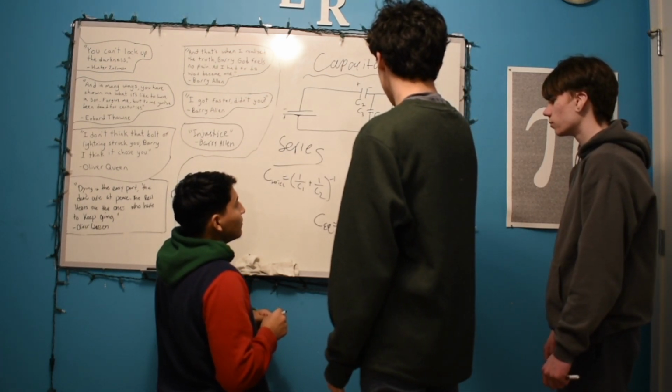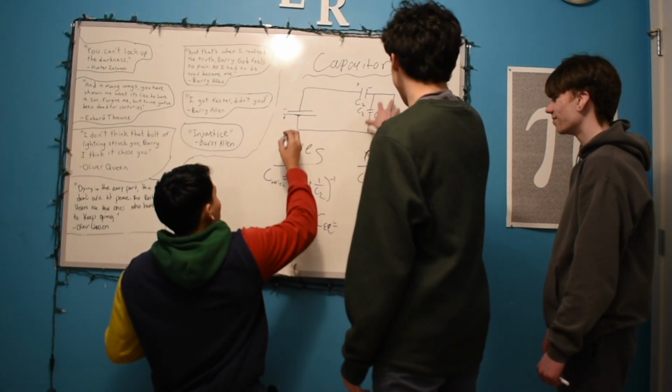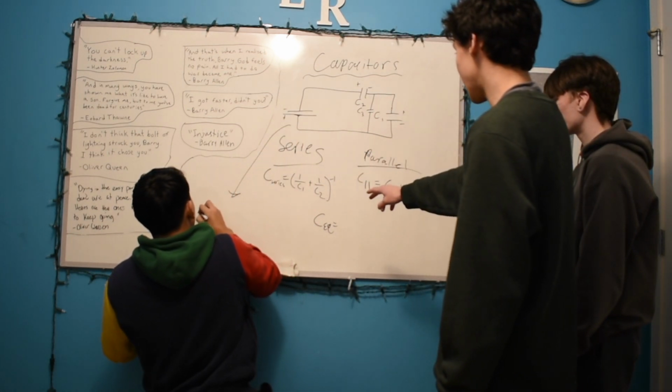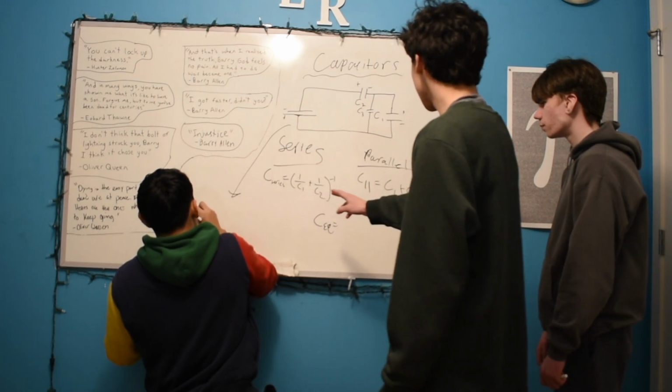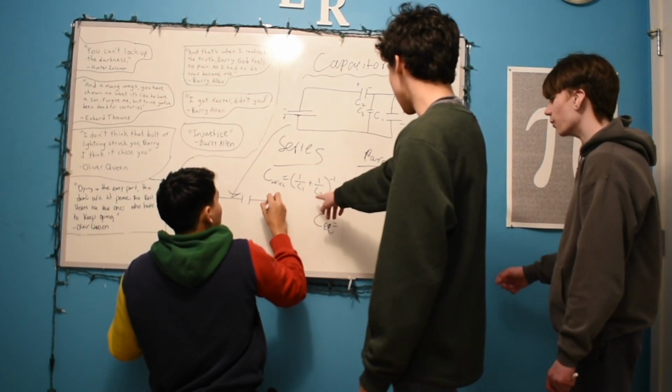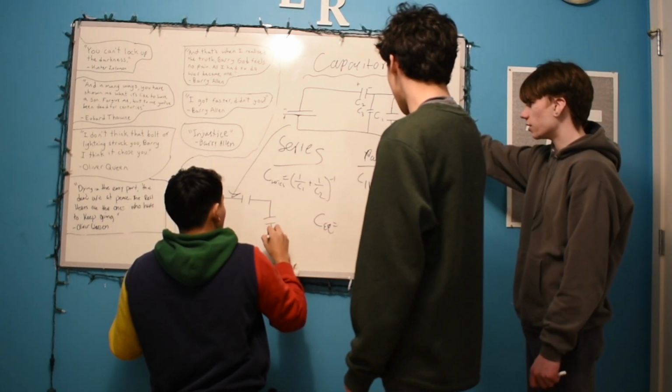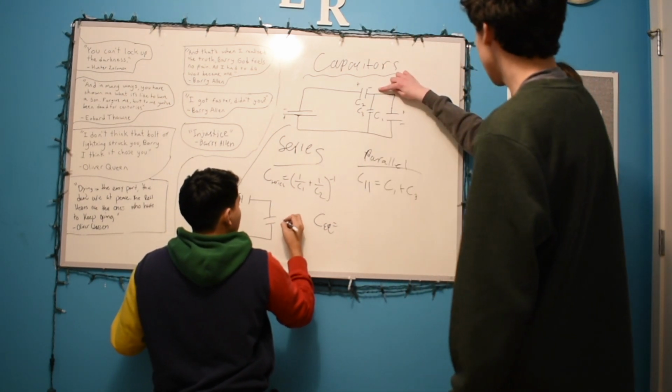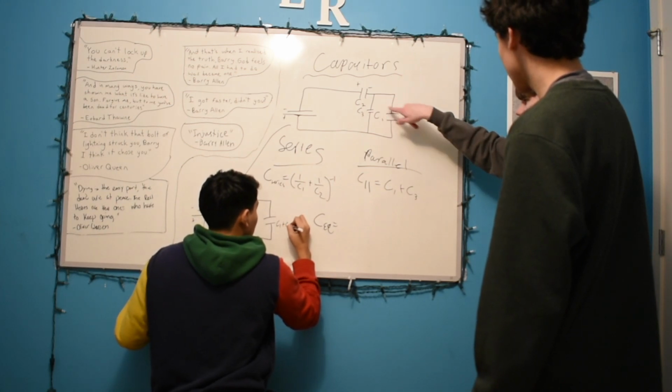So then let's say we replace this with this. That would be C2 plus this, or would it be like this? It would be 1 over C2 plus 1 over this. C2 is parallel to these two combined.